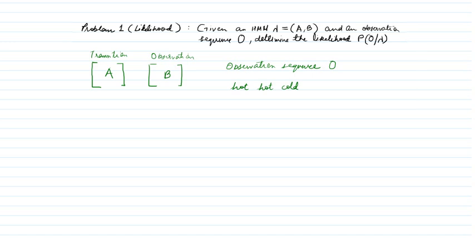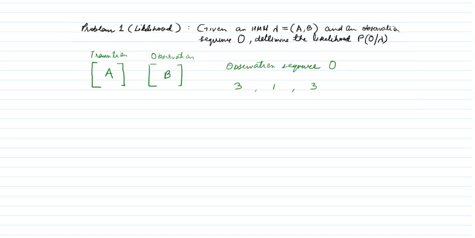The observation will be the number of ice creams. So the number of ice creams is 3, 1, 3. This is the sequence. On some day 3 ice creams were sold, on some day 1 ice cream was sold, and on some day 3 ice creams were sold.